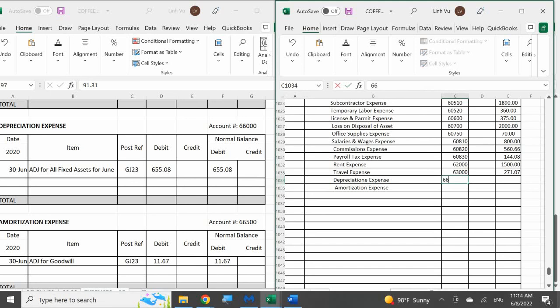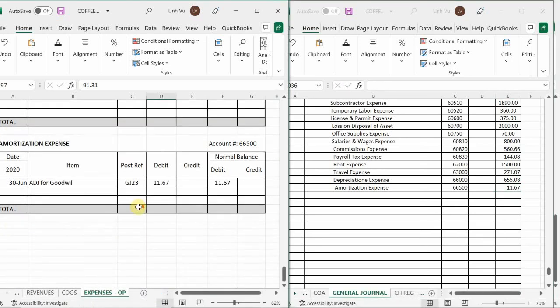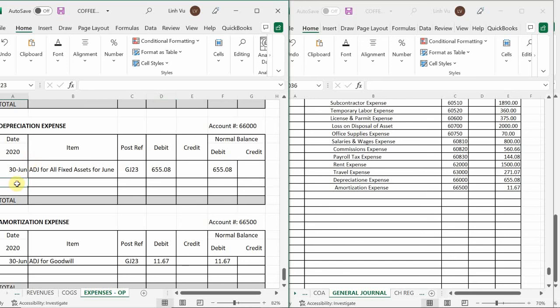Depreciation for 66,000 and 66,500. All right, those are the account numbers for the grand total amount of depreciation expense for $655.08, and my amortization for $11.67. All right, and that reaches the end of my operating expenses.